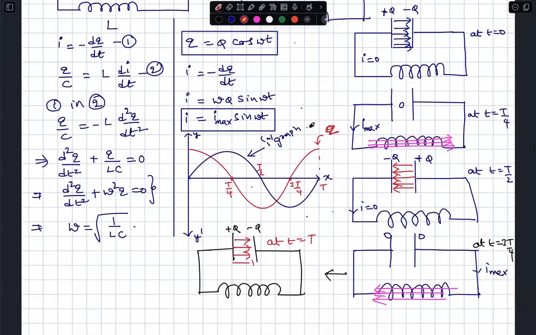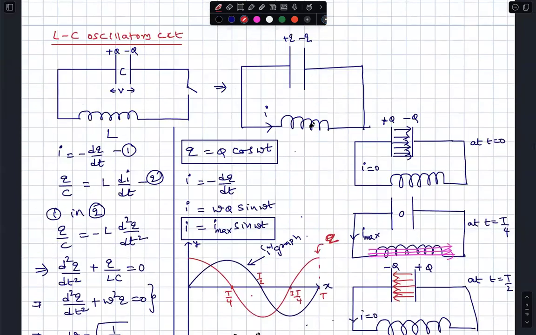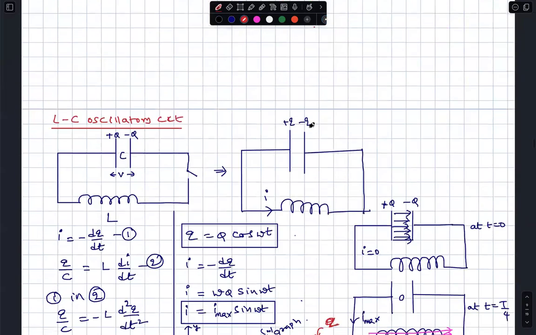In fact, electric field oscillates between the plates of the capacitor. Magnetic field oscillates inside the inductor. Current oscillates, charge oscillates. So that is the reason why it is called LC oscillatory circuit.